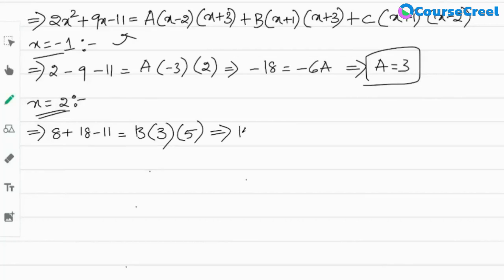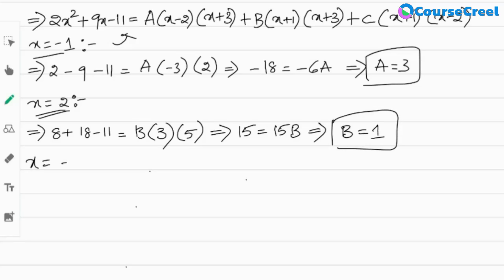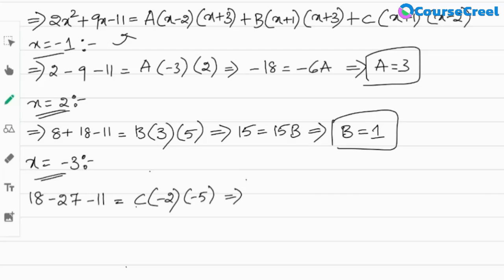This implies 15 is equal to 15b, so b is 1. Now substitute x equals minus 3: 18 minus 27 minus 11 is equal to c into minus 2 into minus 5. This implies minus 20 is equal to 10c, so c is equal to minus 2.